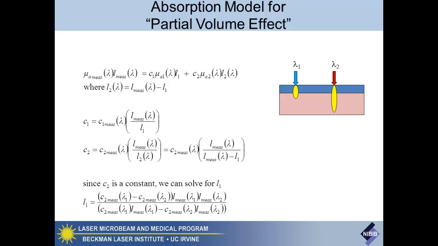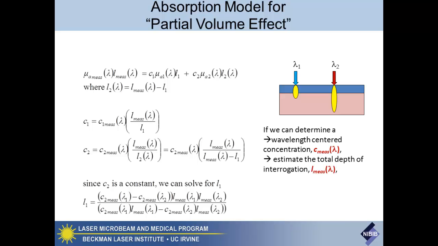So, equations, I apologize, I'll just skip through. But the idea is that we developed a simple empirical method that uses estimators of penetration depth at distinct wavelengths and models it as follows: if I detect a concentration in a certain wavelength regime that only interrogates 500 microns of tissue, versus a different concentration of that same chromophore in a volume that interrogates 5 millimeters, I can back out what the layer thickness needs to be in terms of a partial volume model.